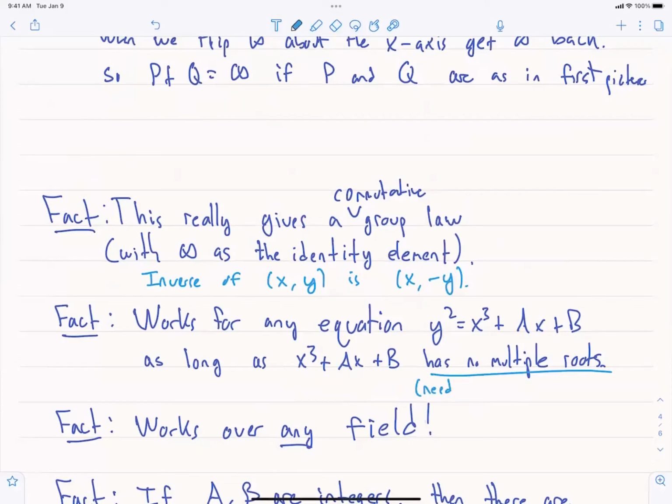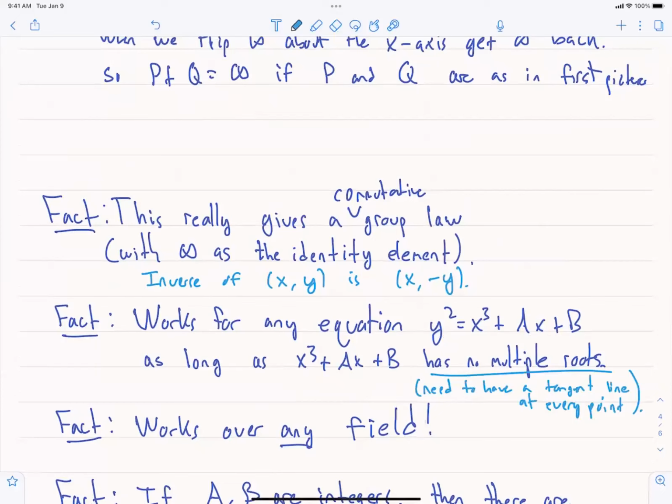You need this to be true to have a tangent line at every point. That's a fun calculus exercise to check why that's the case.